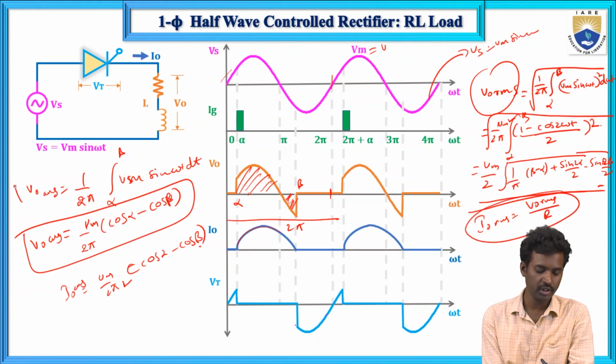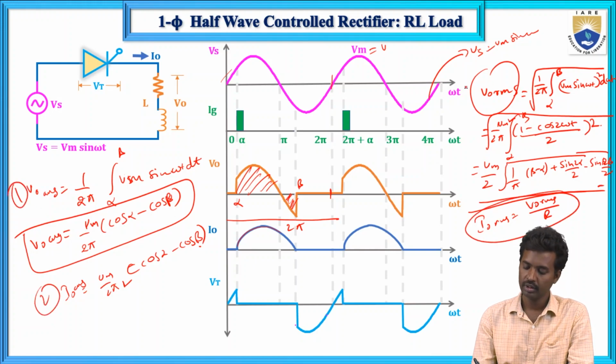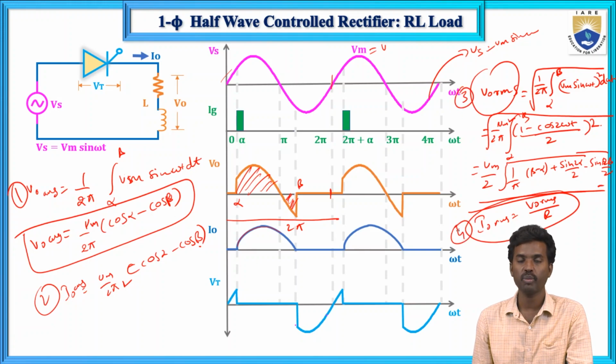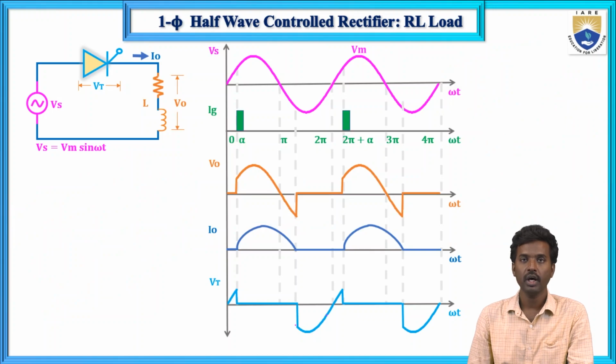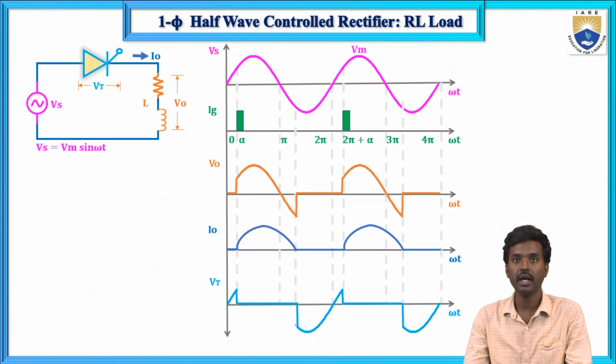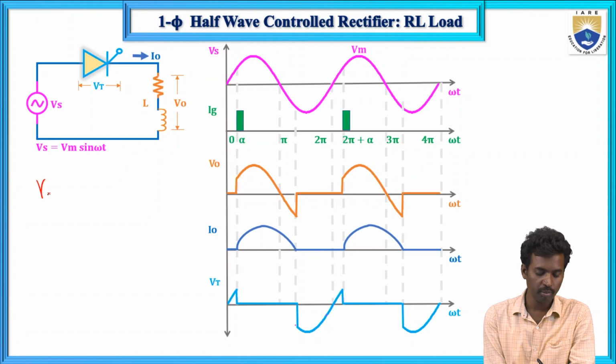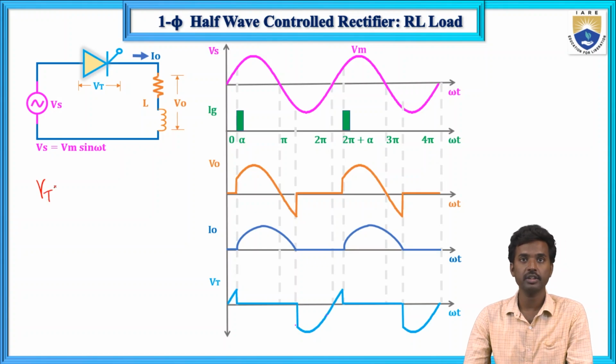So first, second, third and fourth are the formulas related to this one. And now conduction angle. Conduction angle means for what duration the thyristor is conducting.